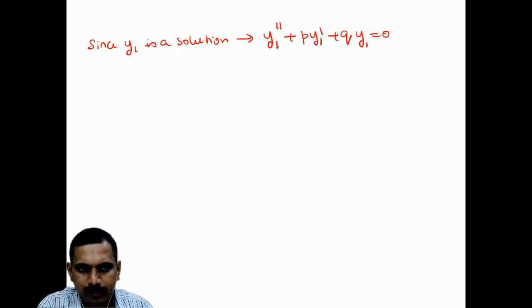Next, what did we say? We said y2 is equal to u into y1 is also a solution.